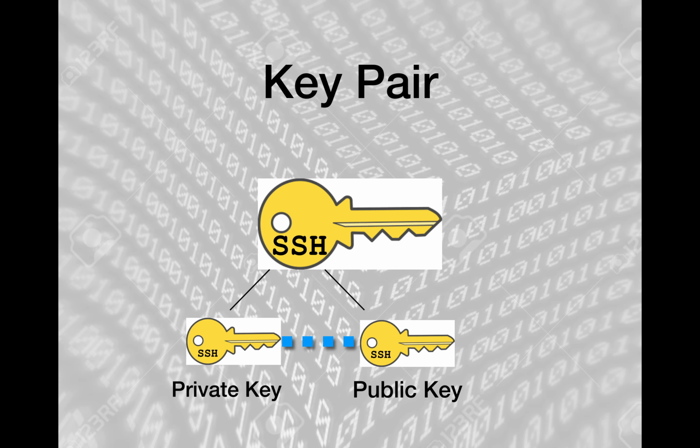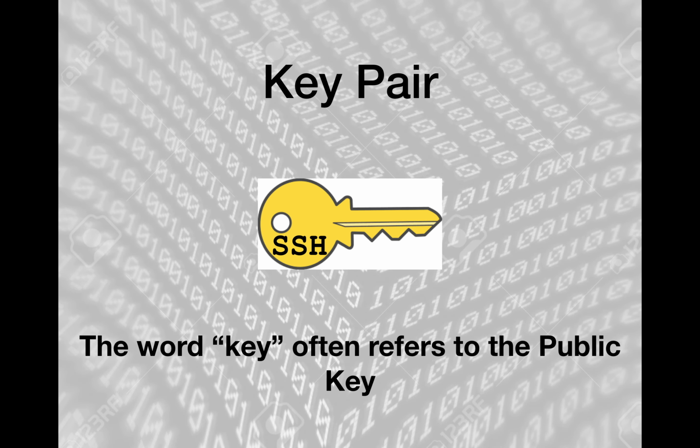So in a sense, the private key and the public key is this magic link. And it's really important that you think about the SSH key as a key pair, and you'll know why in the next few slides.